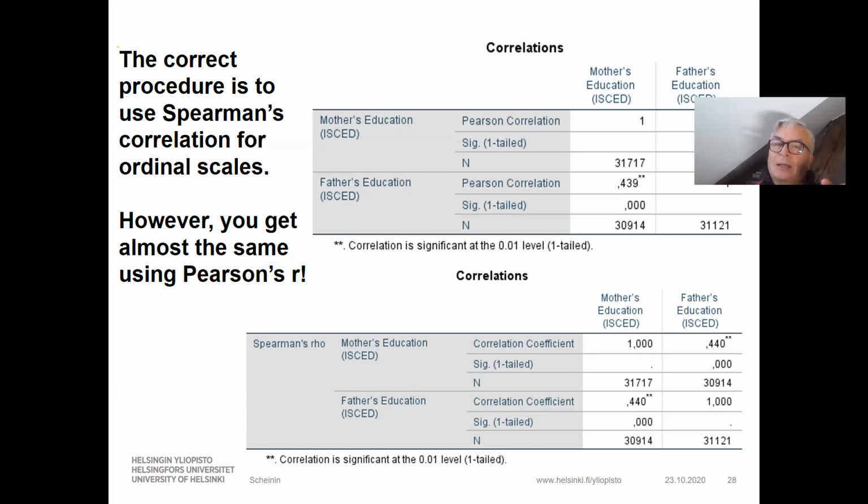As you saw already, that's certainly not the case with the mothers' and fathers' education. So this is really a bad choice for counting the correlation.